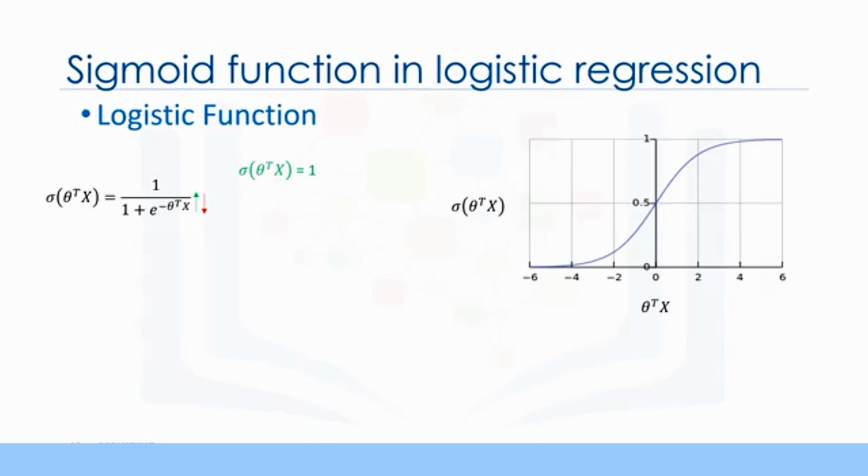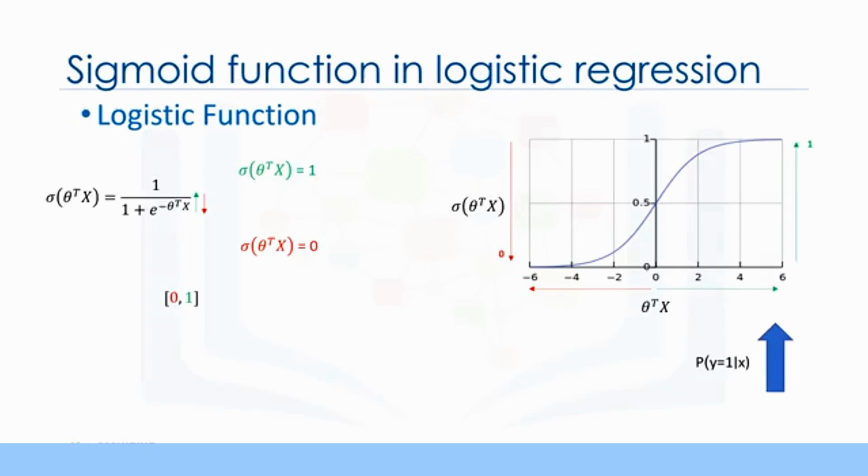If theta transpose x is very small, the sigmoid function gets closer to 0. Depicting on the sigmoid plot, when theta transpose x gets bigger, the value of the sigmoid function gets closer to 1. And also, if theta transpose x is very small, the sigmoid function gets closer to 0. So, the sigmoid function's output is always between 0 and 1, which makes it proper to interpret the results as probabilities.